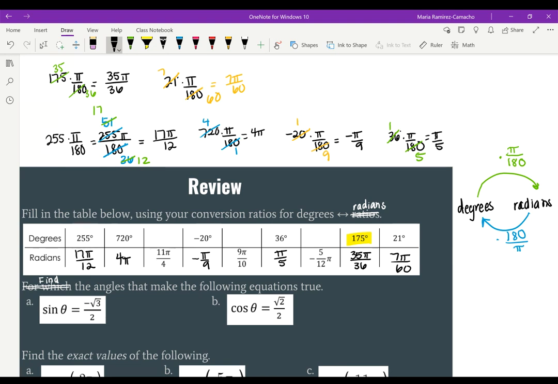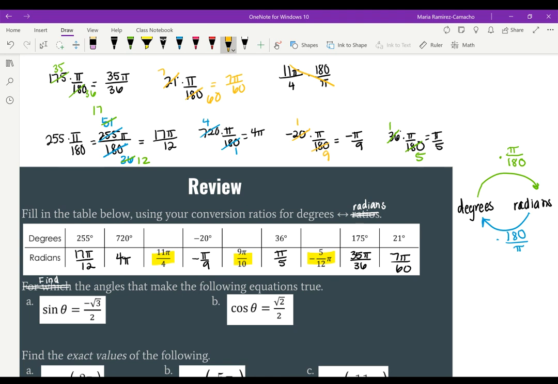Now we'll go back and convert the radians given here to degrees, starting with 11 pi over 4. So now I'm multiplying by 180 over pi. So 11 pi over 4 times 180 over pi. These pi's cancel out.